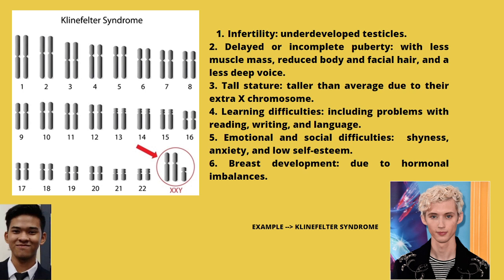Those with Klinefelter syndrome are taller than average due to their extra X chromosome. Fourth, learning difficulties, including problems with reading, writing, and language. Fifth, emotional and social difficulties, for example, shyness, anxiety, and low self-esteem. Number 6, breast development. This is due to the hormonal imbalance.